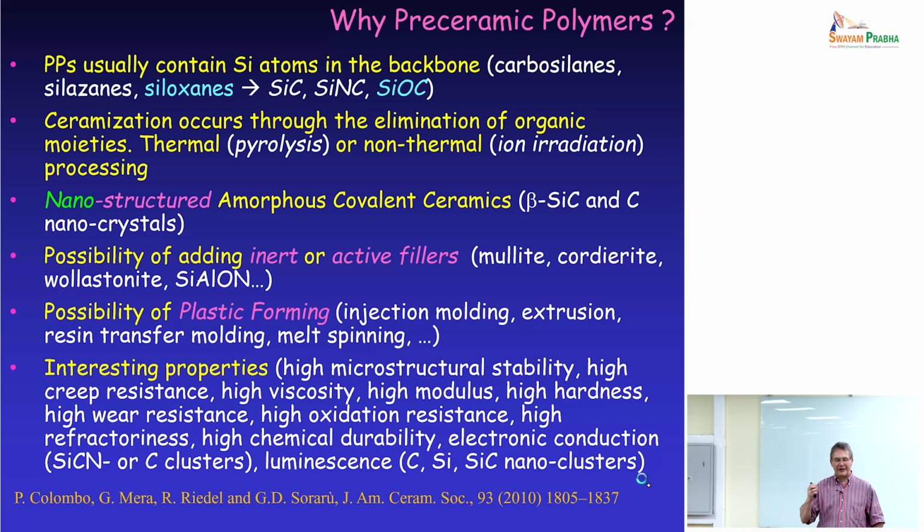The polymer-derived ceramics contain excess carbon. People say graphene or graphene-like layers, basically turbostratic carbon, disordered graphite structures in the material at the nanoscale. And this gives the material very interesting properties, for instance, high viscosity and high microstructural stability.